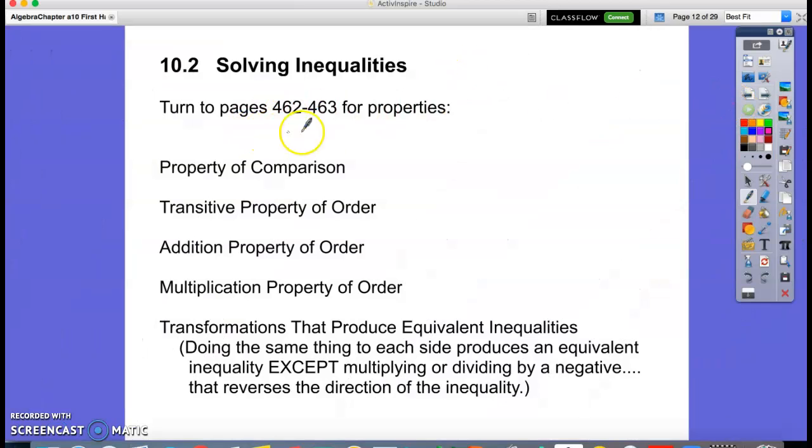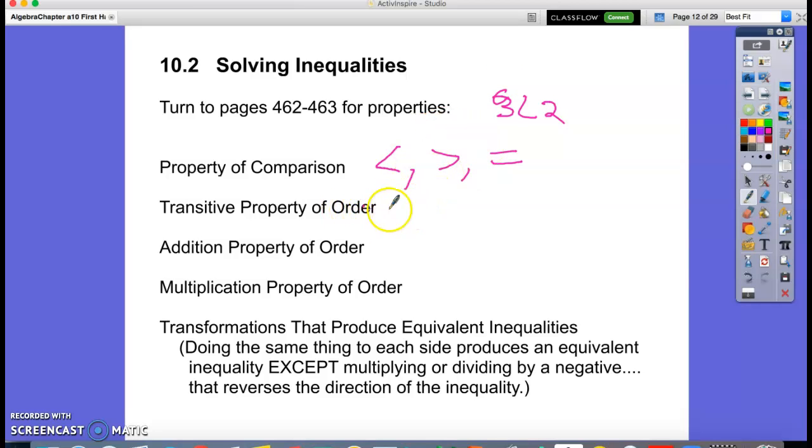Now, turn to pages 462 and 463. This is the properties of comparison. We'll just go over it. This is just kind of a review, and it is all about inequalities. So what are the properties of comparison? When you compare with a less than, greater than, or an equal sign, it's either 3 less than 2 or a less than b, like that.